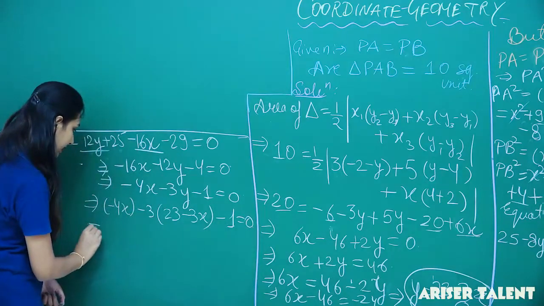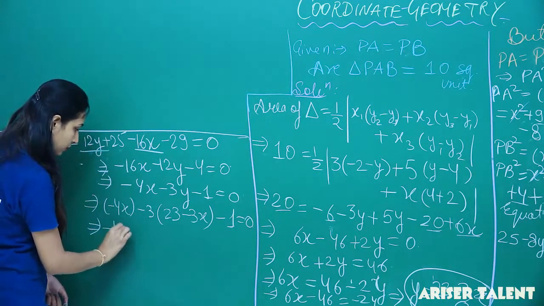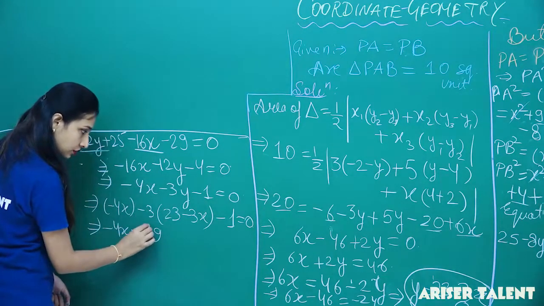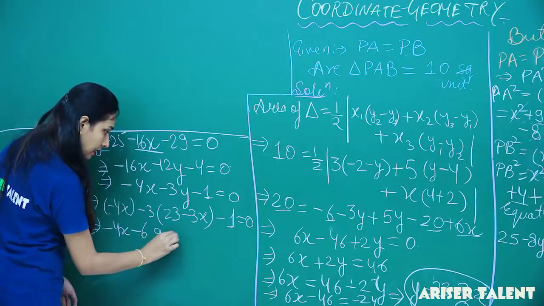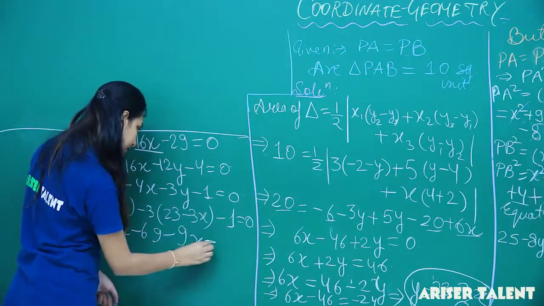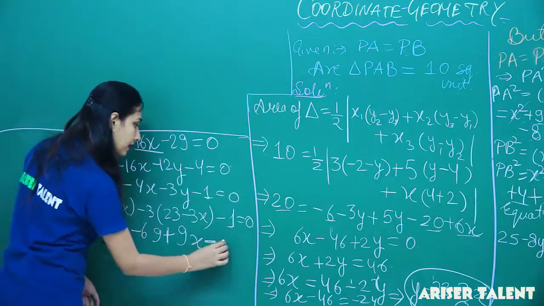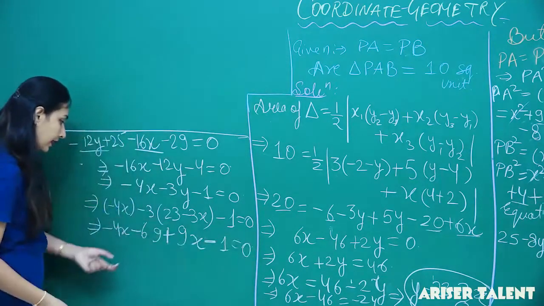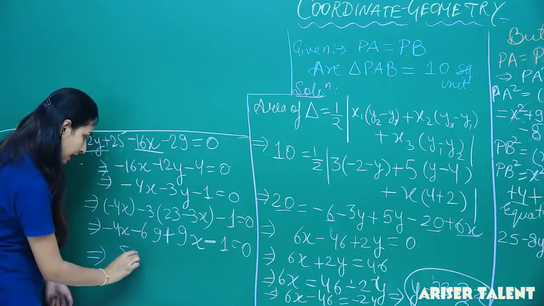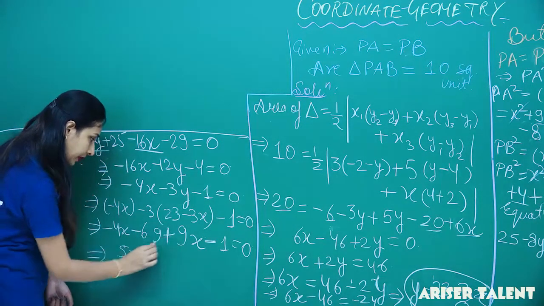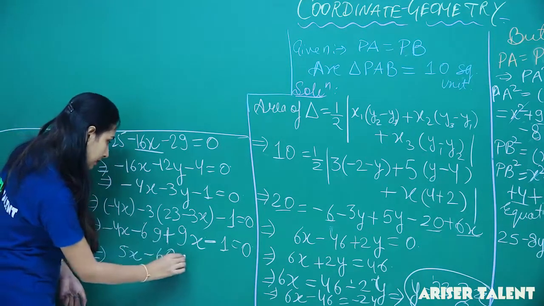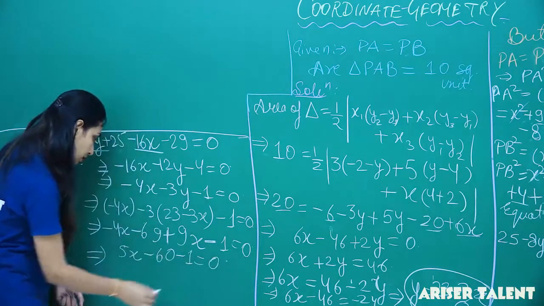So, you can just solve it here. That will be equals to minus 4x minus 9, and 6 minus 9x, and here it will be plus 9x, and minus 1 equals to 0. From here you will be calculating, that is 5x here, and that will be minus 60 here. Then minus 1 equals to 0.